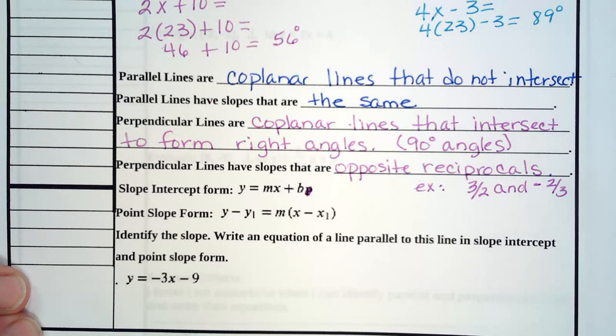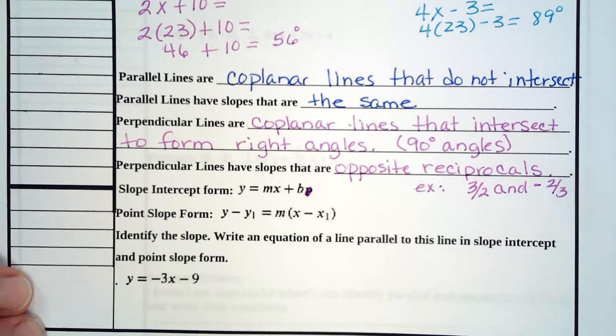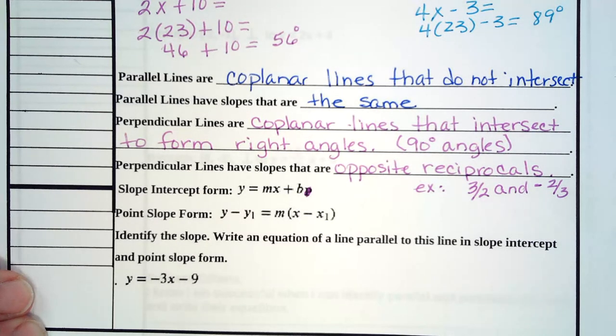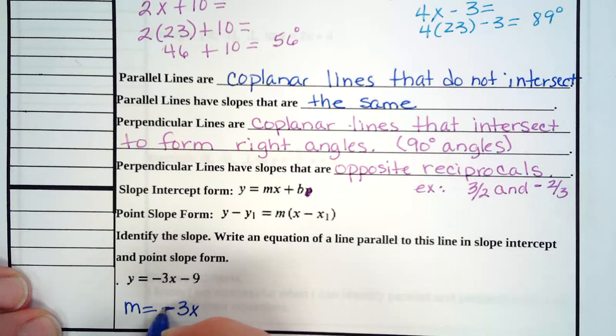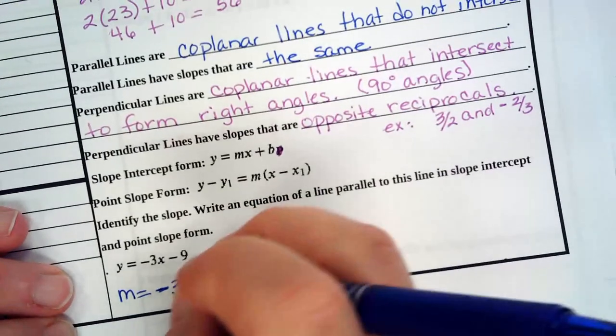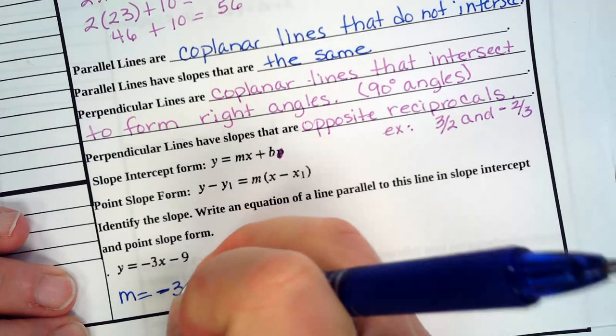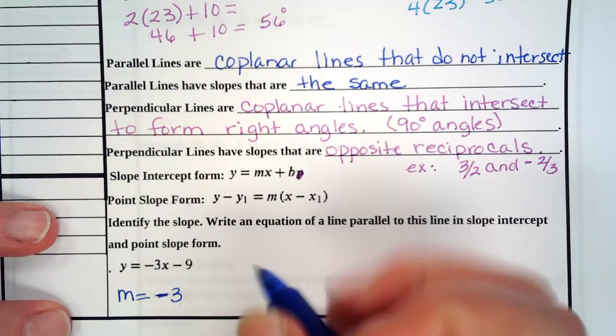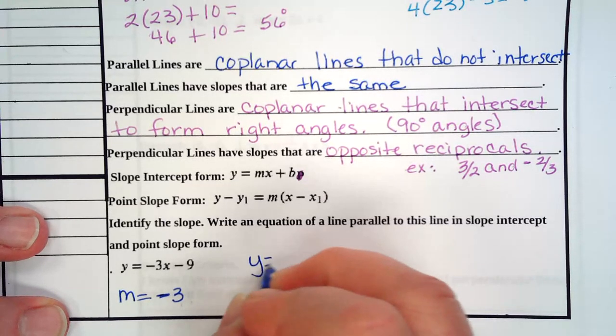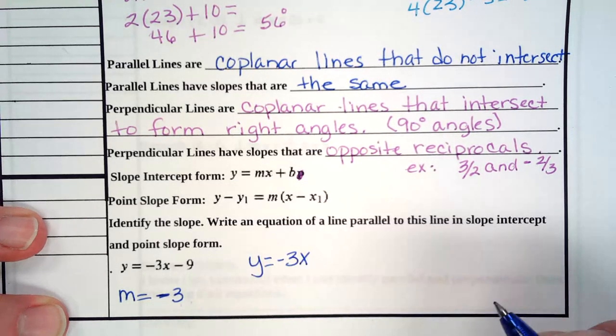Okay, so identify the slope and write the equation of a line parallel to this line in slope-intercept form and point-slope form. So this is parallel. We know that this slope has to be the same. So our slope has got to be -3x, or -3. So to be parallel, y is equal to -3x.